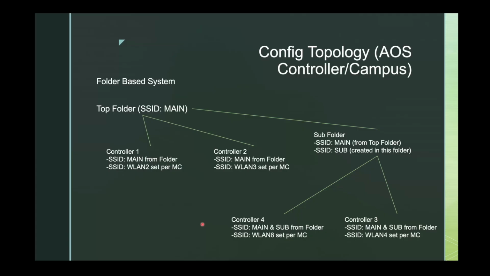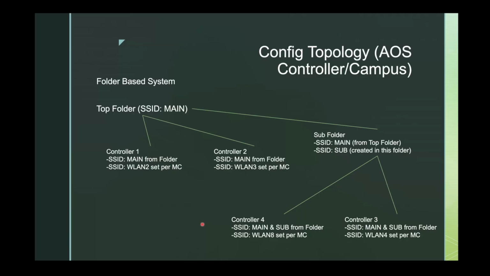The mobility master uses a folder-based system where you have your top folder and your subfolders. Here we have a little example where our top folder has an SSID of main being pushed down to controller 1, which is inheriting that SSID, but also has its own. Then controller 2 is also inheriting the top folder SSID main, but has its own WLAN setup as well.